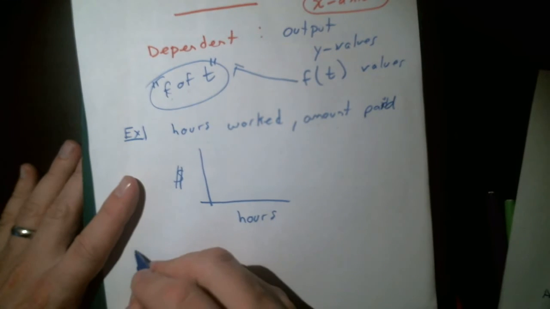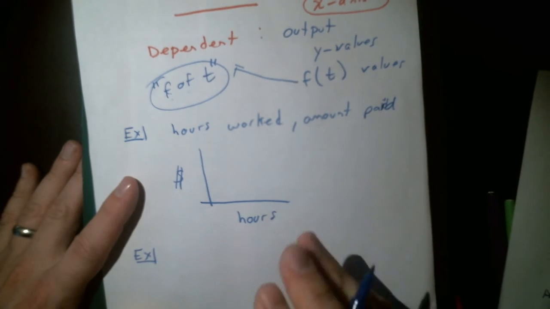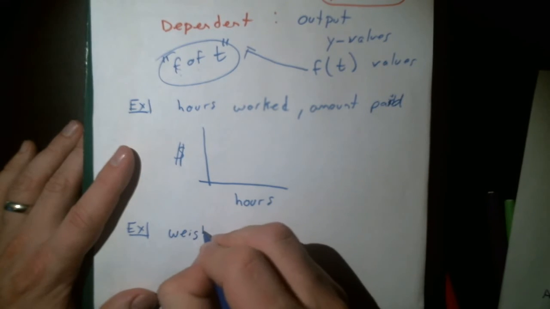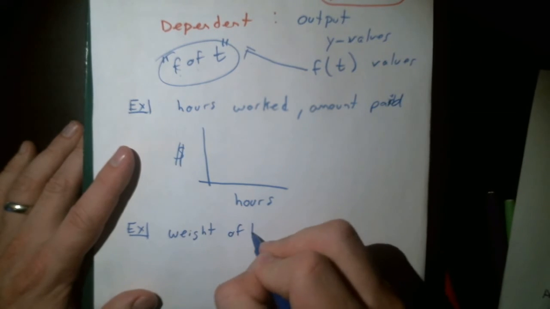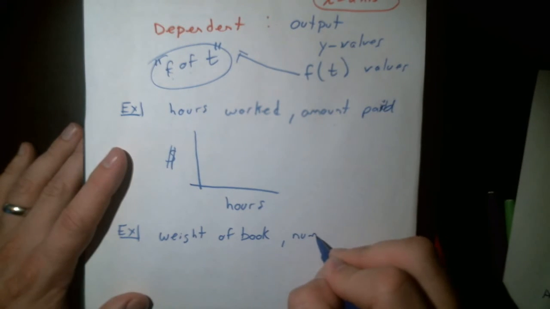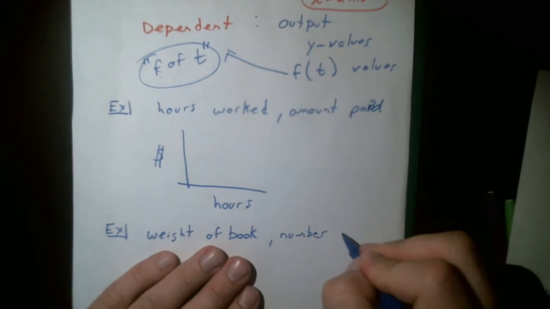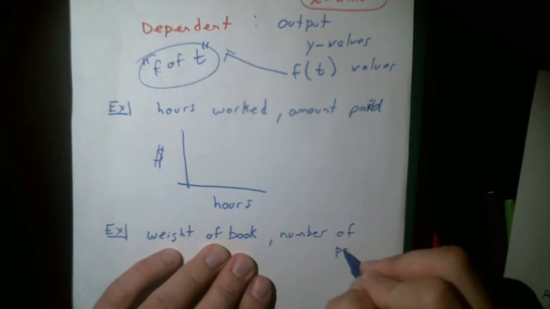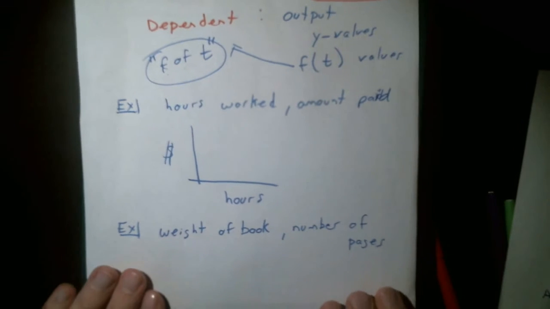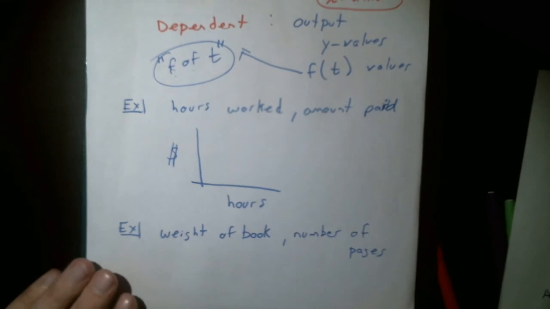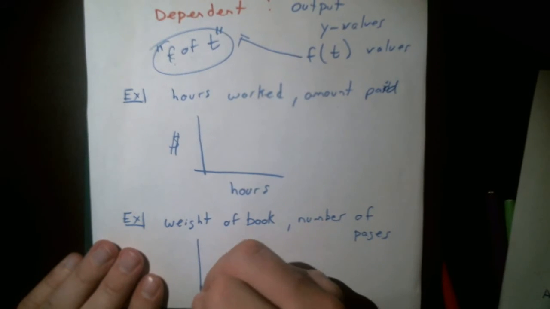So let's do another example here. What about the weight of a book and the number of pages? So the weight of the book, number of pages. So let's make a graph of that.